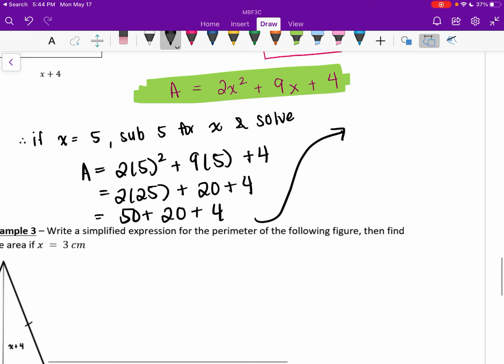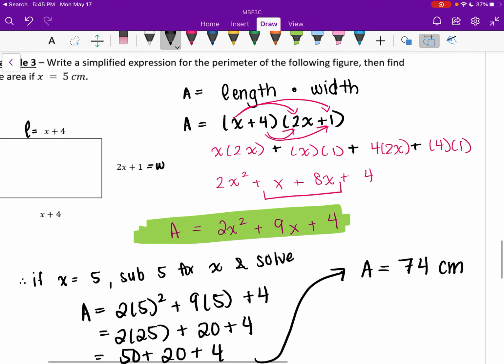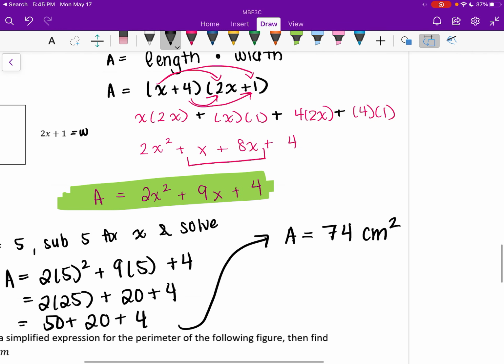So if I throw that into my calculator, I should get 74. So the area, if x is equal to 5, is 74 centimeters squared, because it was 5 centimeters. And that's how you solve that.